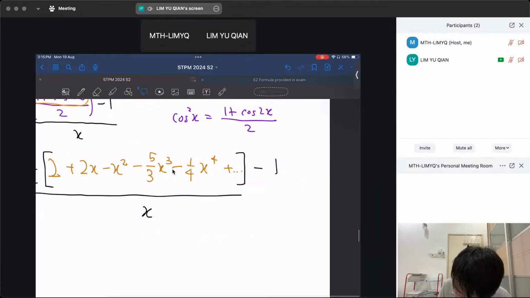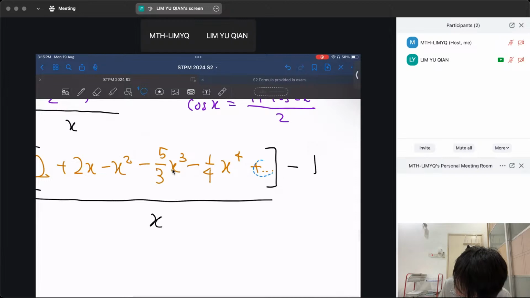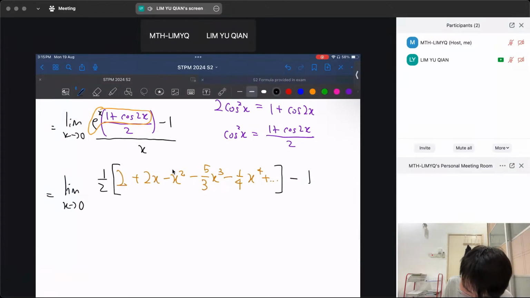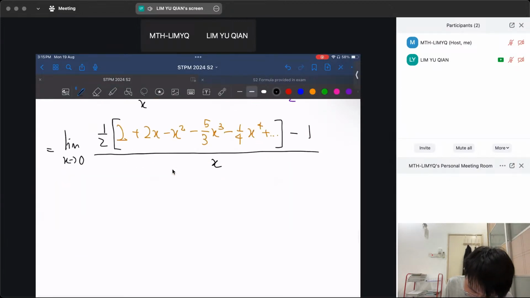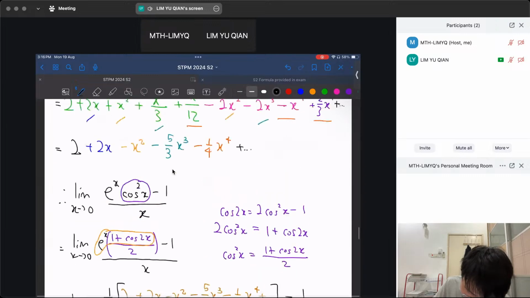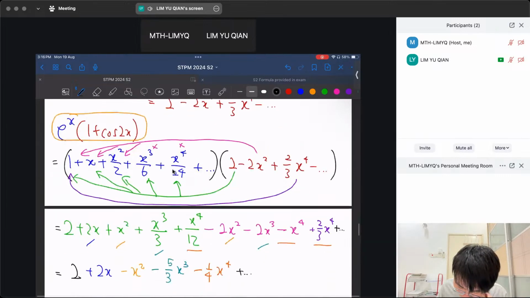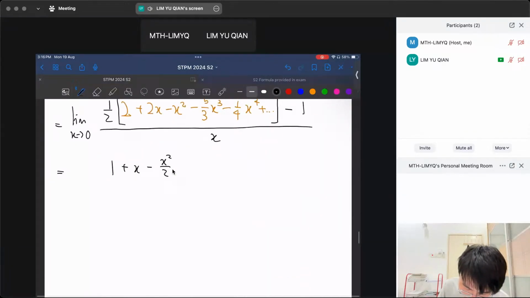Put all of them inside, minus 1 over x, over 2. So 1 plus x again, divide by x. So actually, here there is a division and here a multiplication by 2, never mind.